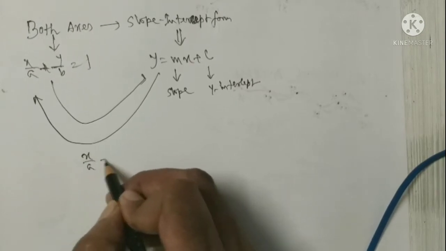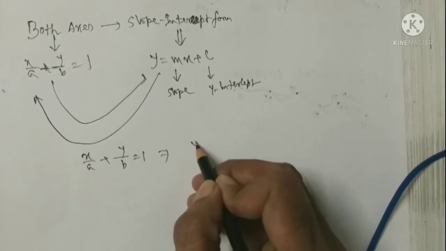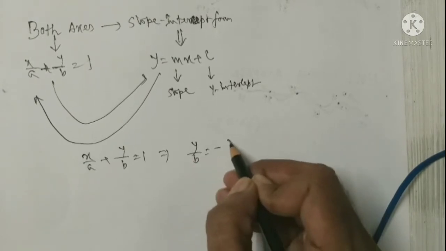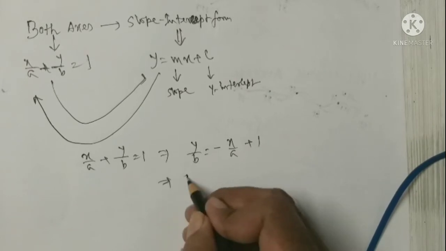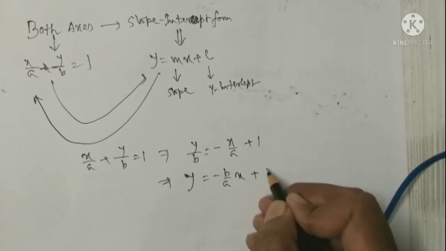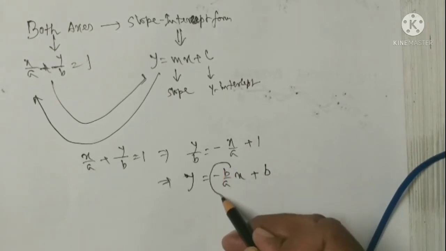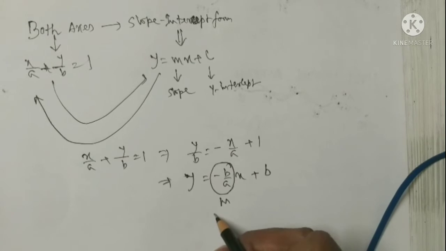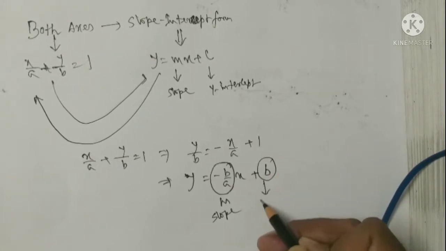X by a plus y by b equals to 1, it implies y by b equals to minus x by a plus 1, it implies y equal to minus b by a x plus b. This is slope m, this is y intercept.